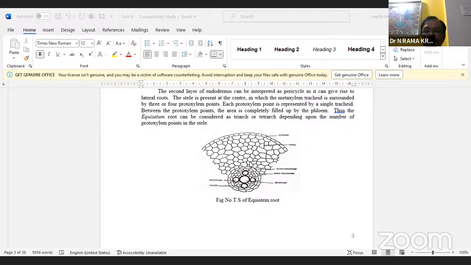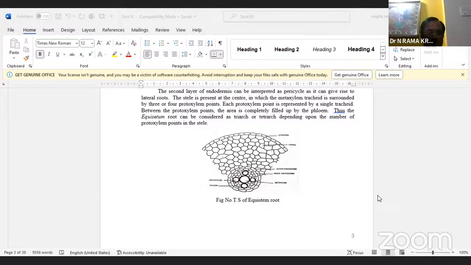Yeah, and next, now you see here, above the stele we are looking at one special type of structure, that is the endodermis. Endodermis is two layers, number 1 and 2: the upper endodermis and the lower endodermis. Okay, yes.